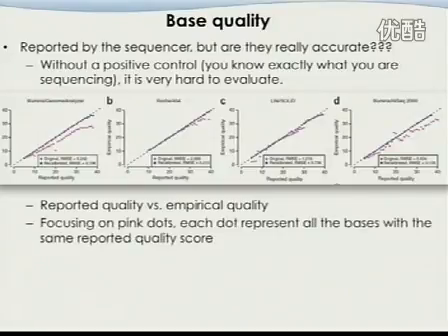So focusing on the pink dots here, each dot represents all the bases with this particular reported quality. For example, this one represents all the bases they reported as quality 30, which means the p-value is 0.001. It's pretty good, right? But when you look here, if they reported this as a 30, the empirical quality is about 25.